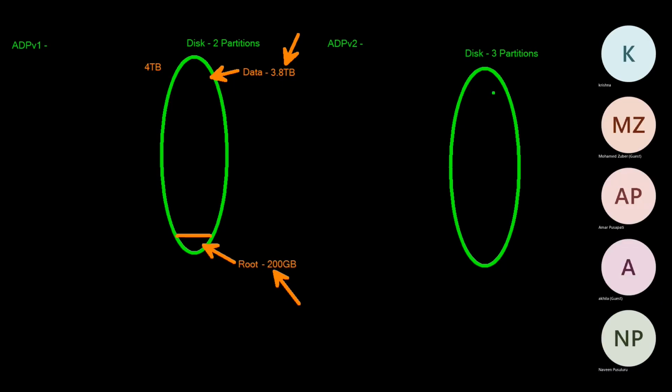Again let's assume this is a 4 TB disk. The root partition is common, let's assume 200 GB.